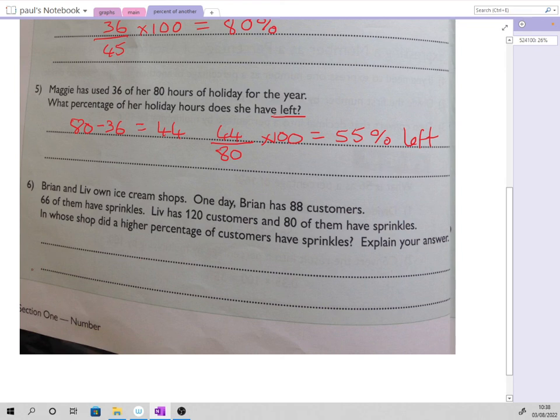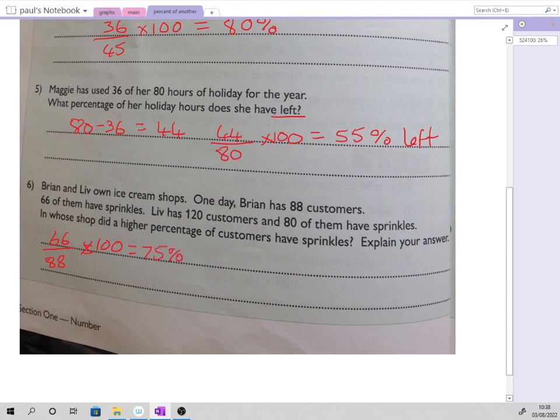Okay, so we do Brian first. He had 66 sprinkles out of 88. So 66 divided by 88 times 100. That equals 75%.